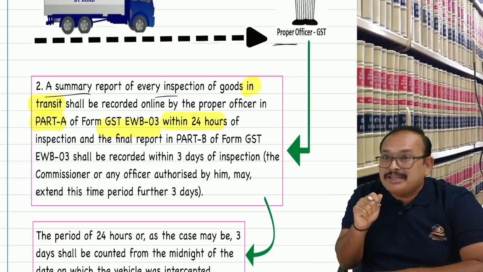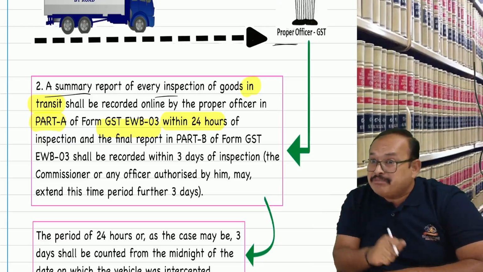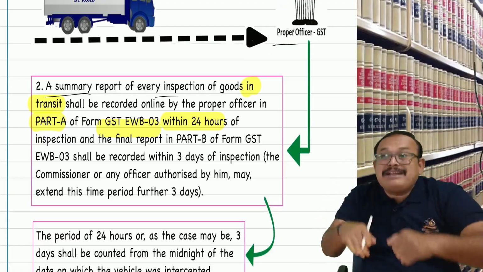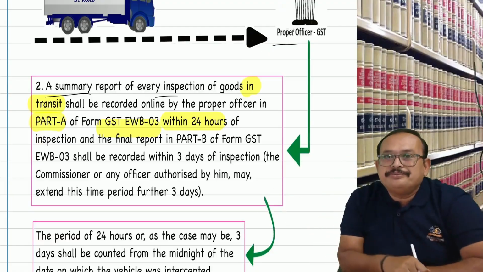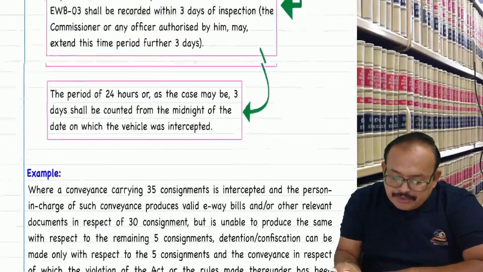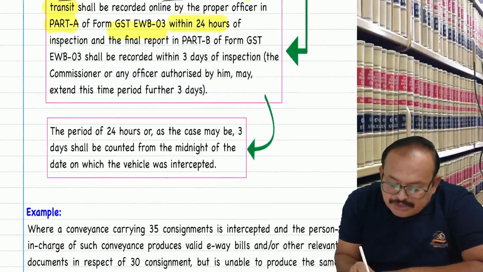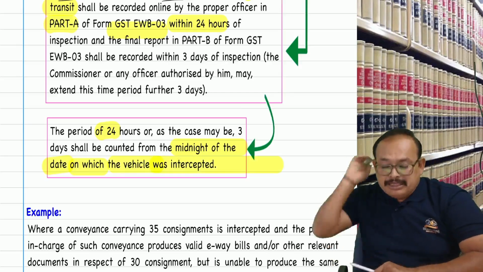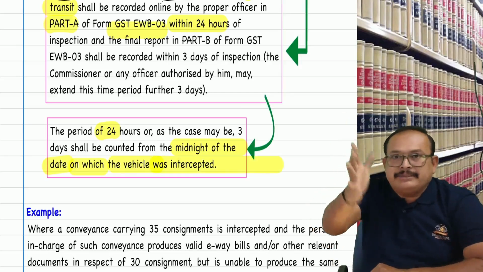24 hours from the time of inspection means the day on which you inspected, from that day's midnight onwards. The period of 24 hours shall be counted from the midnight of the date on which the vehicle is intercepted, meaning detained.